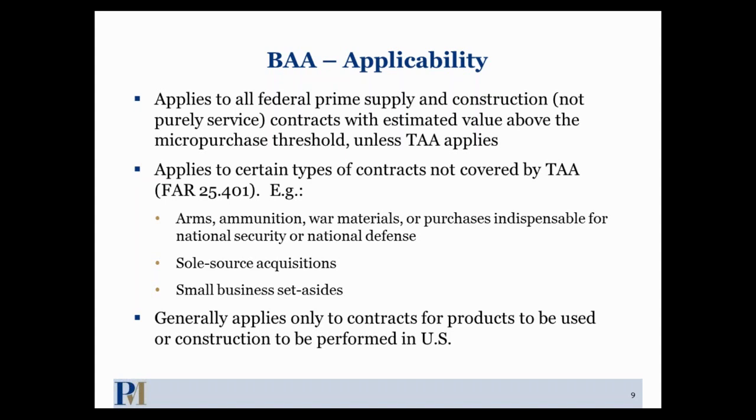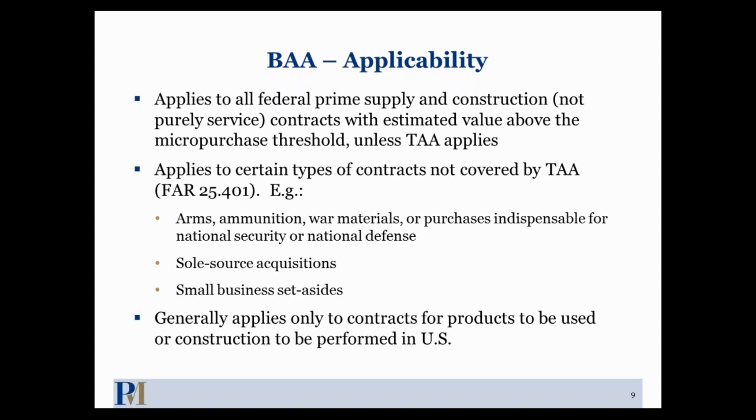The most recent National Defense Authorization Act increased the micro purchase threshold from 3,500 to 10,000. But that, for civilian agencies, excuse me, I think for DoD it went to 5,000. That change has not gone into the FAR yet for civilian agencies.